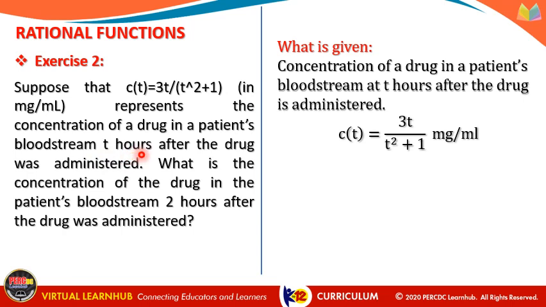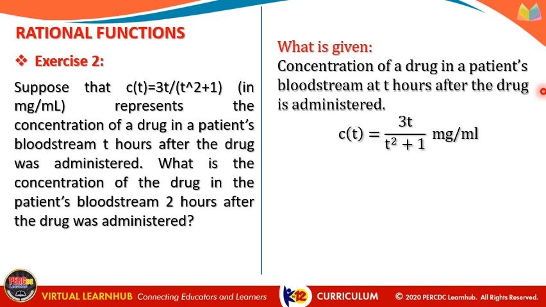And kapag nag-substitute ka ng time in hours, ano man ang makuha mong sagot dito, ang magiging unit nun is milligram per milliliters. Minsan, kailangan nating maging particular sa units. Kaya basahin ng maigi yung problem.